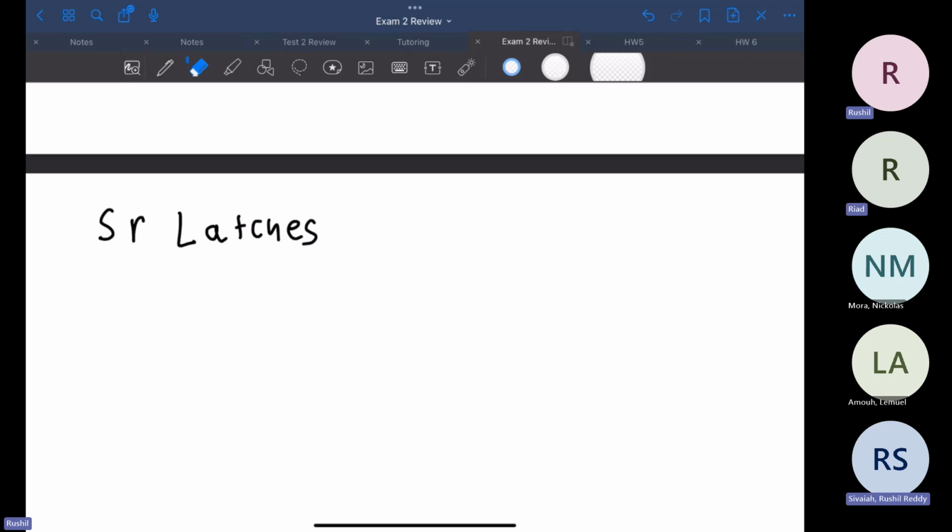NOR. Yeah, NOR latches. Do you care specifically, or does he care specifically? We use both. And then I think we covered NAND. It was NOR and NAND. Okay, so we'll start with the NOR SR latch.